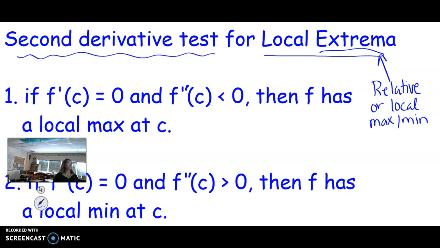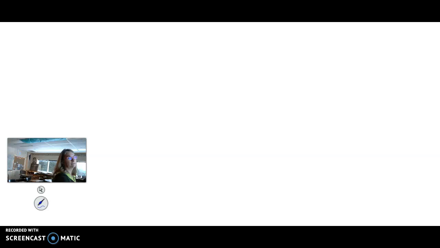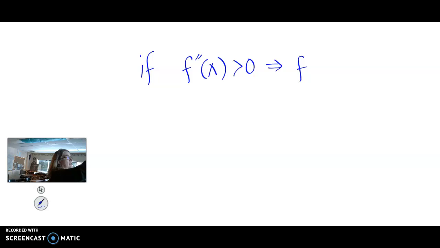For using the second derivative test, the second derivative test tells us about the concavity of a graph. And we went over this in the last video: if the second derivative is positive, then f is concave up in that region, meaning it's like a cup.